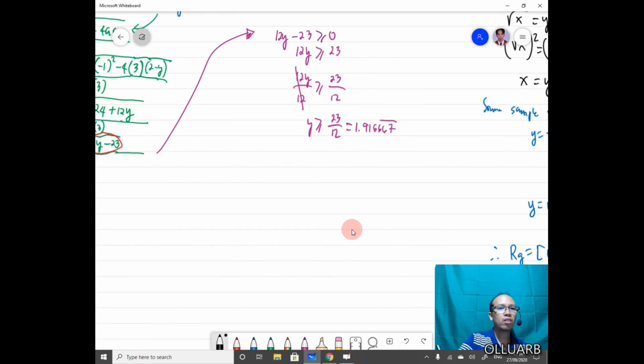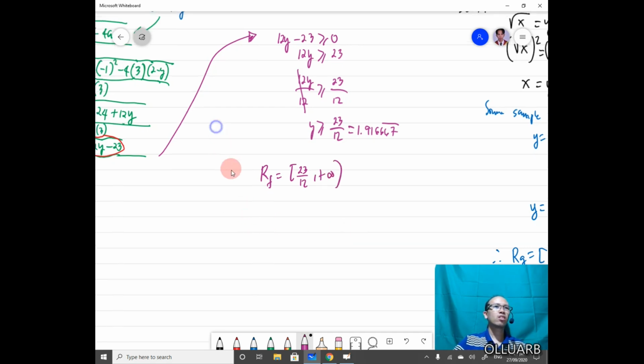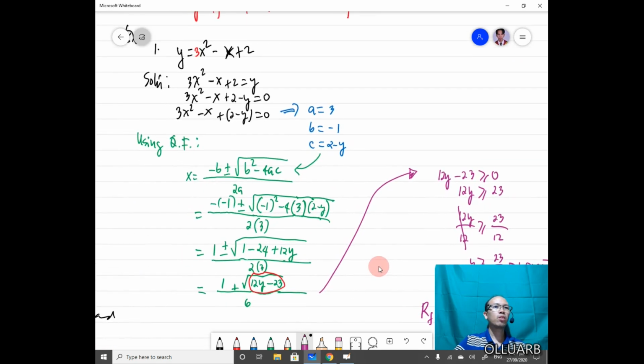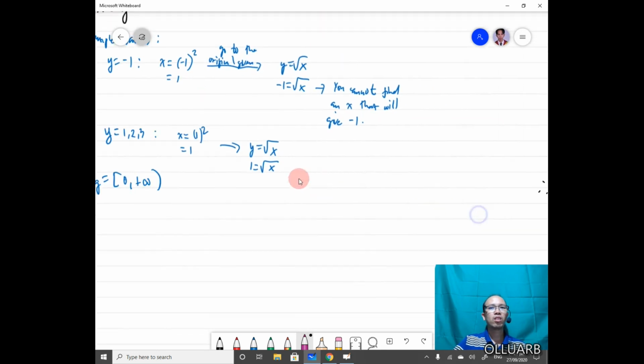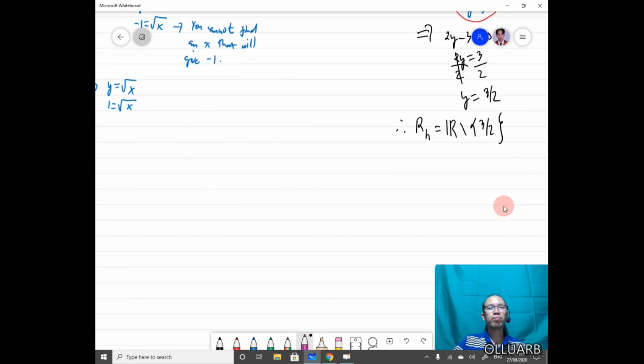The range, it's a good thing that I recalled it. Okay, the range is r sub f from 23 over 12, starting from the vertex, to positive infinity. It's good that we recalled it. Okay, but anyway, it's 23 over 12.